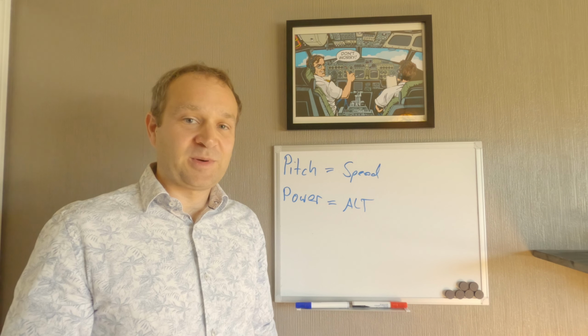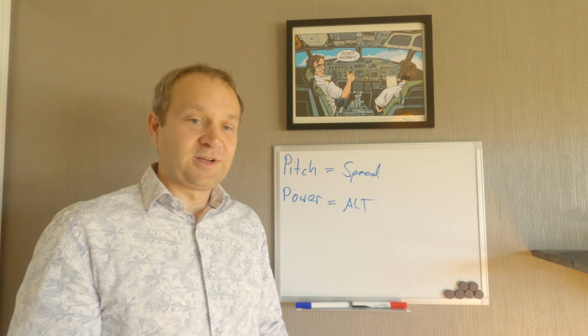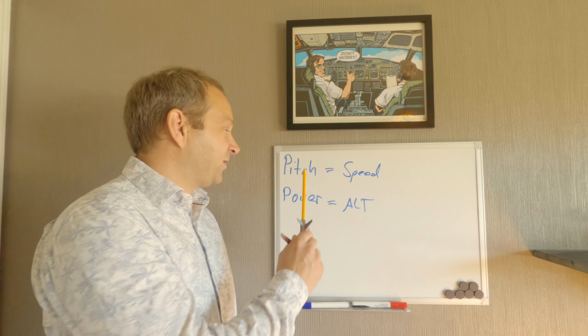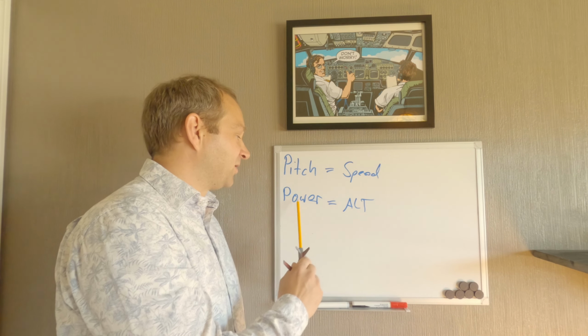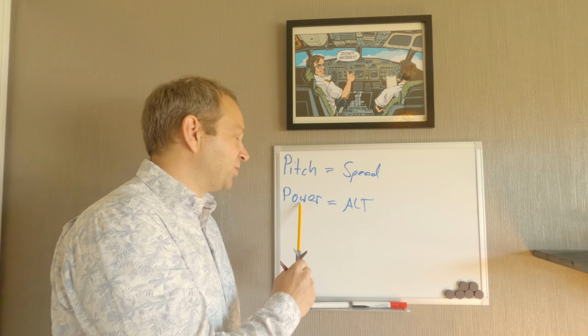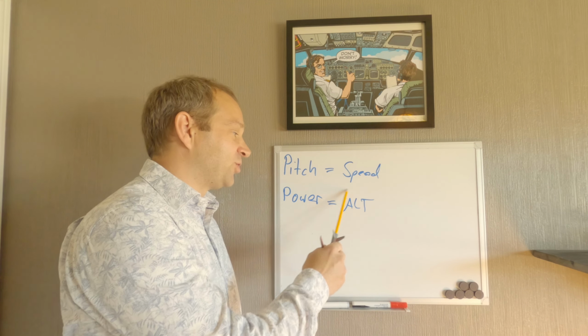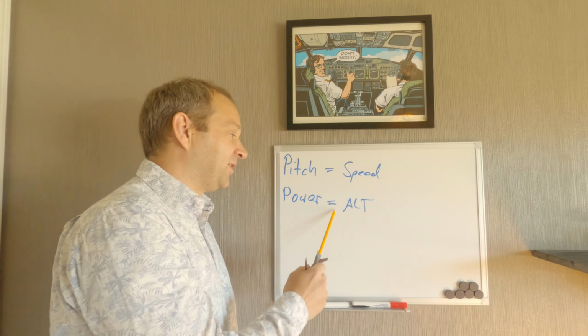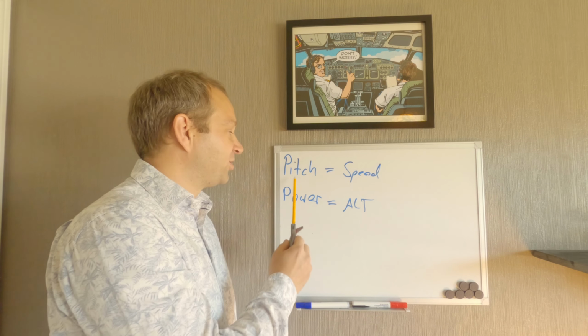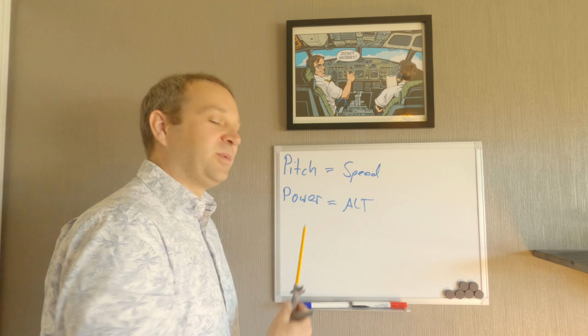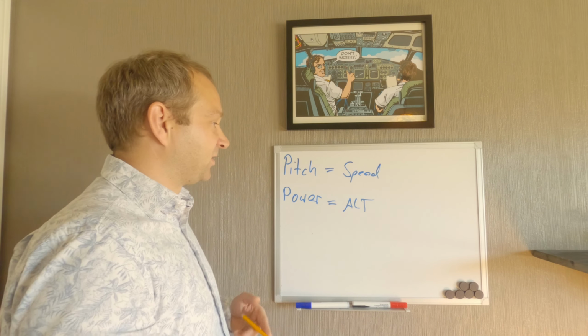Okay, let's sum up everything we just learned. Again, you pitch your aircraft for airspeed and you reduce or add power to change your altitude. And of course, these two things are connected. But if you just, as I said, separate it a little bit, it is easier to understand.